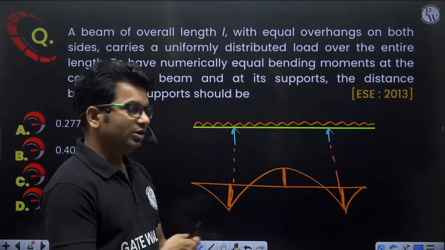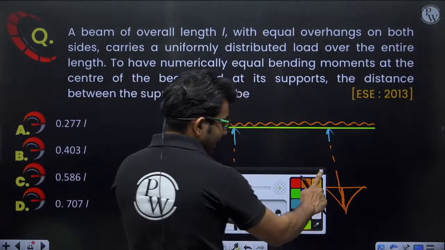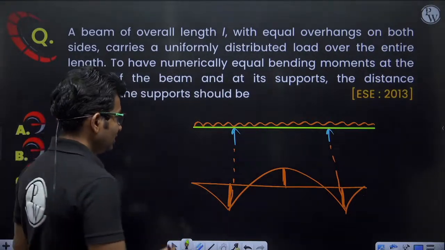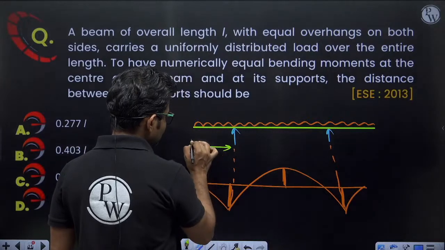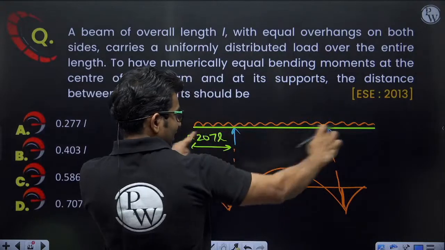Now, in order to have these values numerically equal to each other, as I have told you, you have to remember the result. This length will be 0.207 L, if L is overall length.